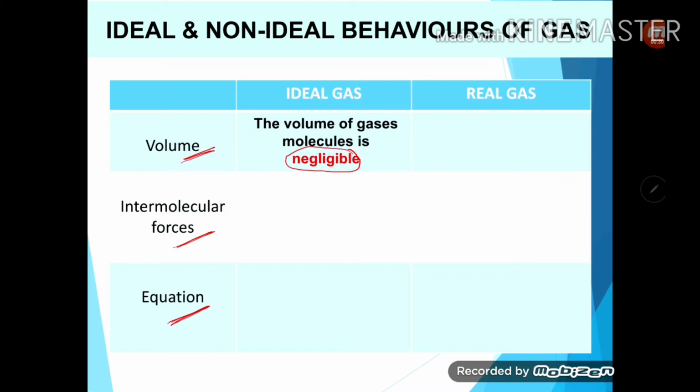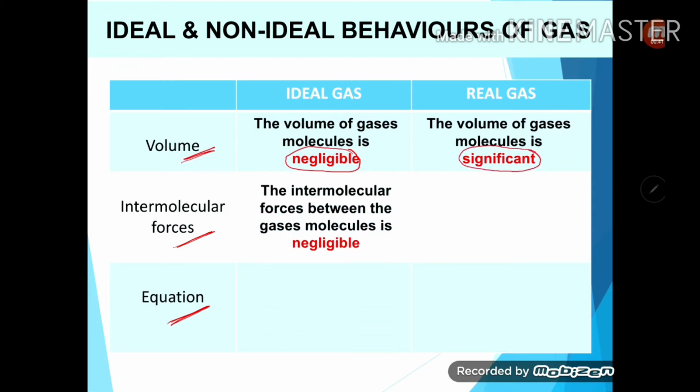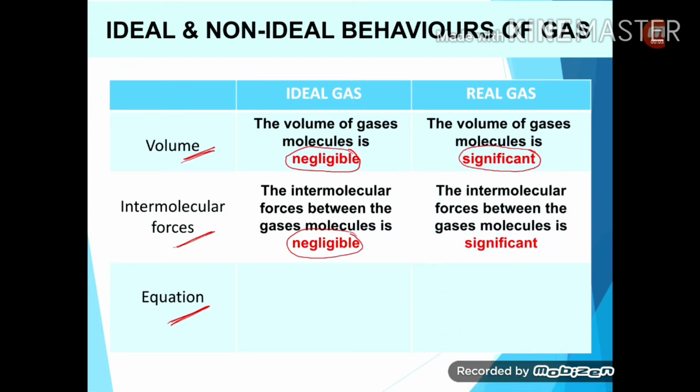But in real gas, the volume of real gas molecules is significant. The intermolecular force between the gaseous molecules in ideal gas is negligible, but in real gas, the intermolecular force between the gaseous molecules is significant.